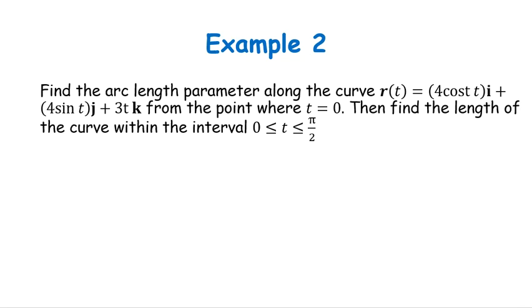For this question, you can either use the first equation that I have shown you at the start of this video, but we're going to use the second equation, which is the arc length parameter with base point.